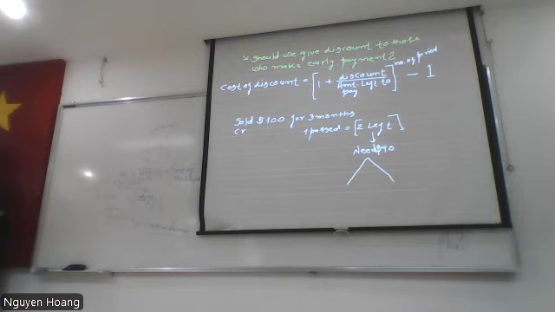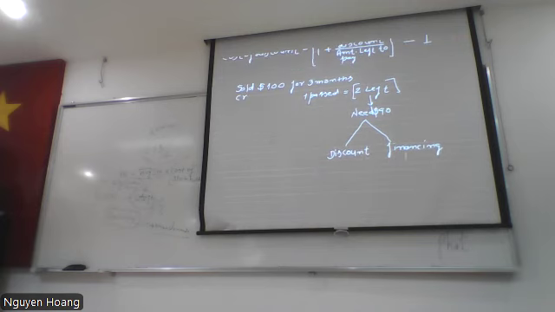Option 1 is you choose the financing option. The second one is you choose the discount option. Financing option means you go to the bank to borrow.